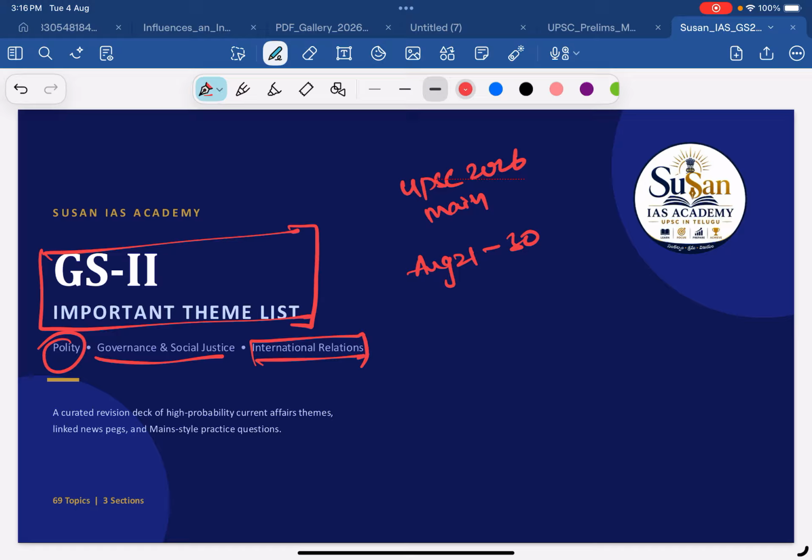It totally covers 69 topics, divided into three sections. Those who are appearing for UPSC 2026 can refer to these topics.